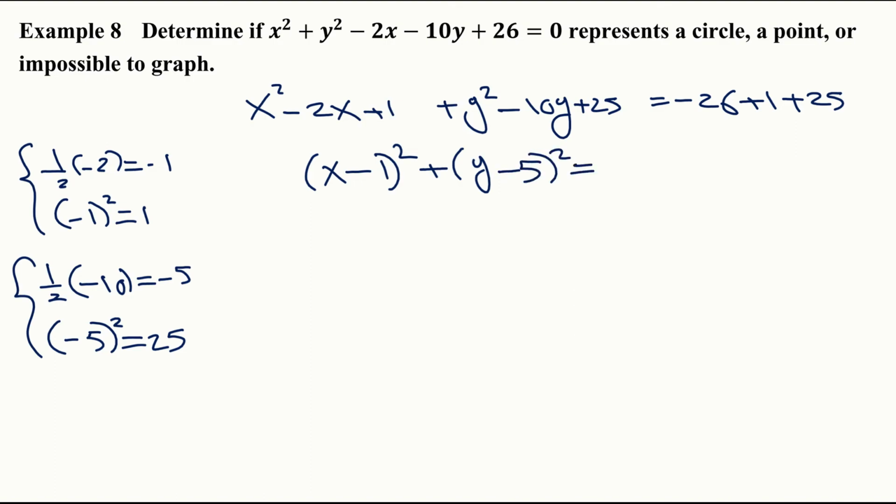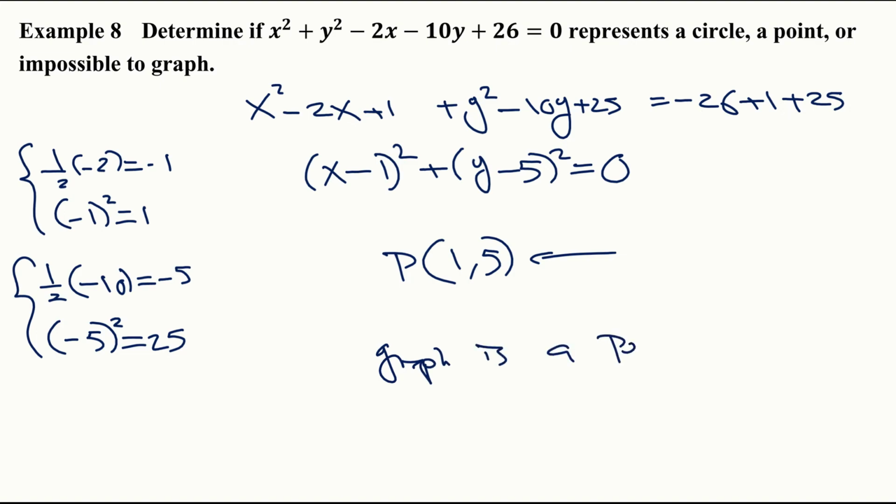And on that side we have 26 minus 26, which is 0. All right, so the graph is a point. Can you tell which point it is? It's the point exactly 1, 5. There it is. So the graph is a point.